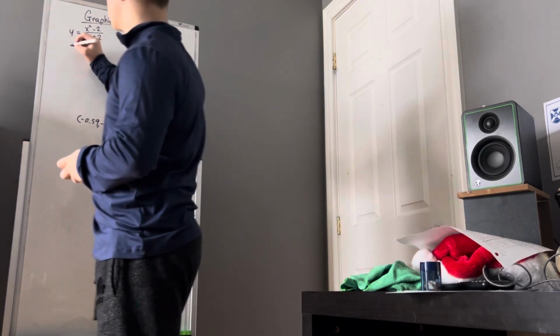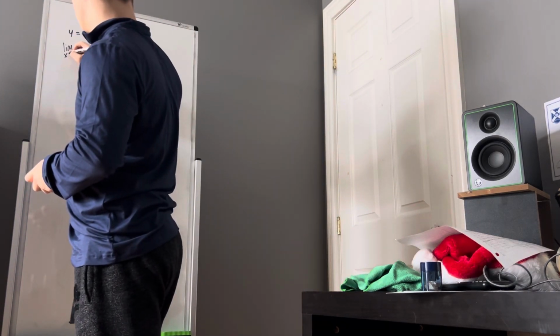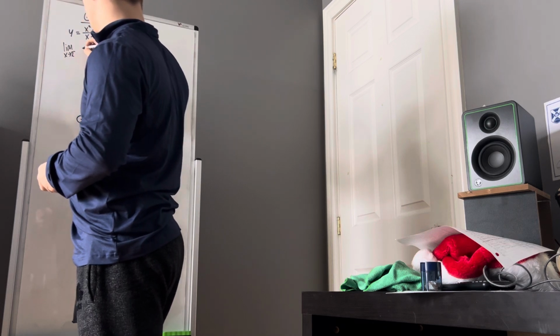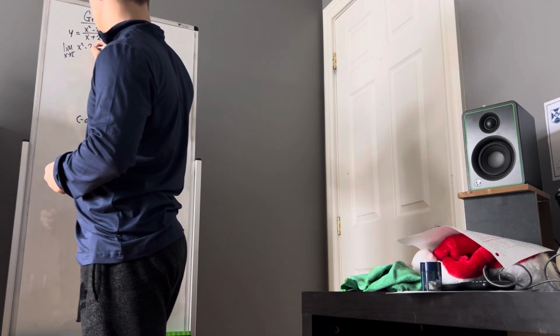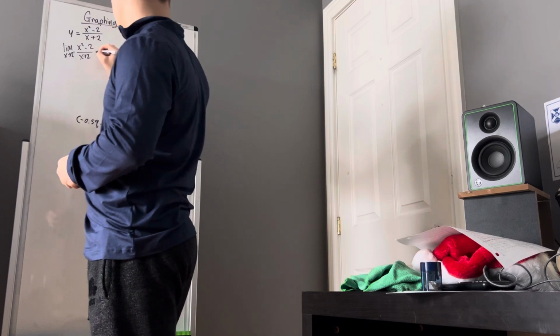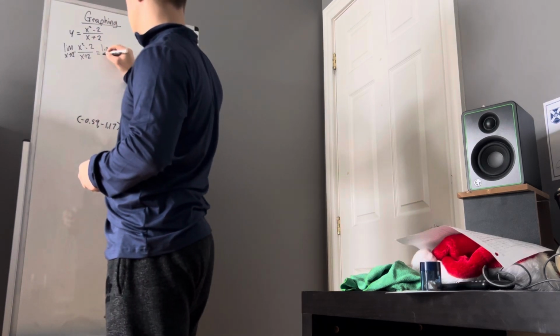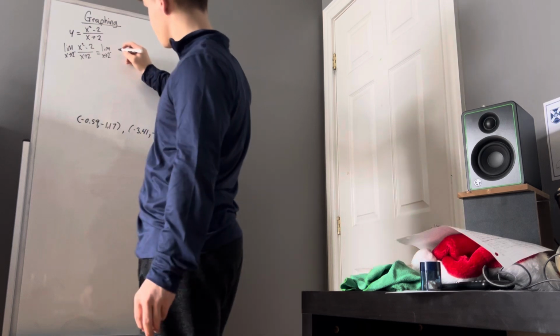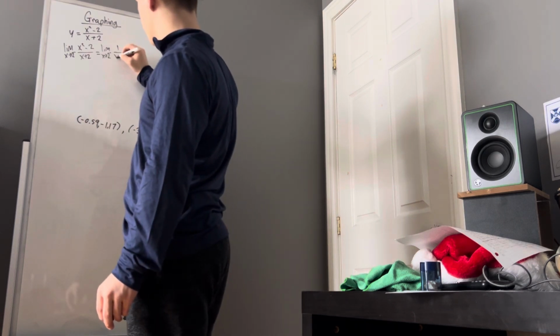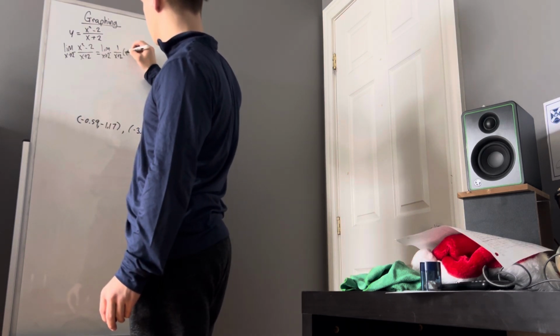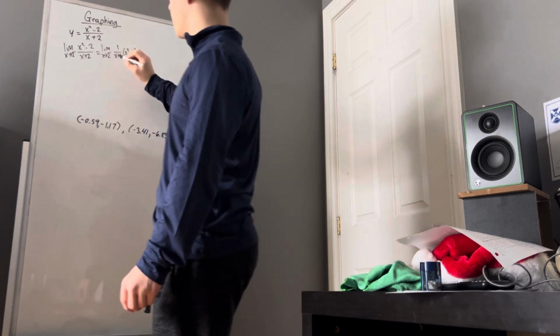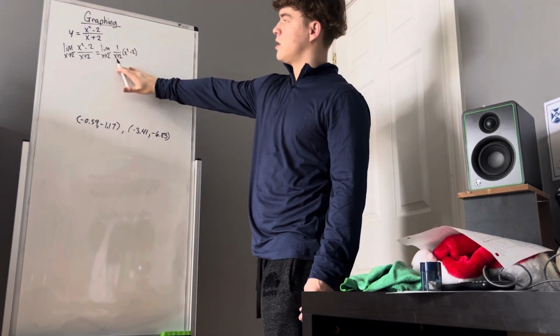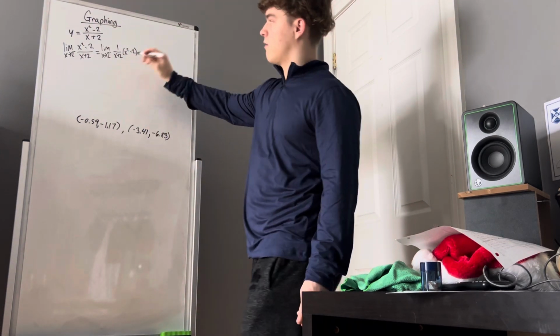So let's take the limit as x approaches -2 from the negative of x squared minus 2 over x plus 2. And that's going to give us the limit as x approaches -2 from the negative of 1 over x plus 2 times x squared minus 2. I'm just going to take these out so that we can see that this one is going to give us negative infinity.